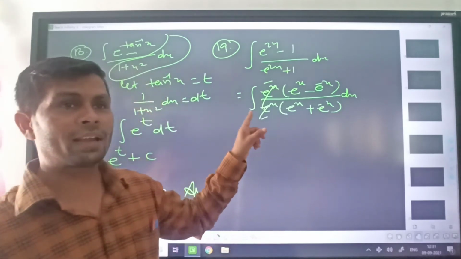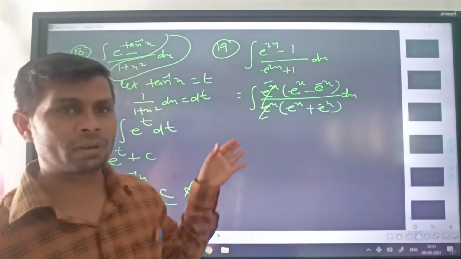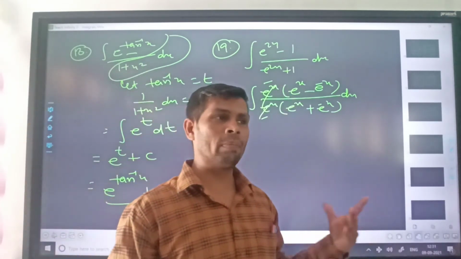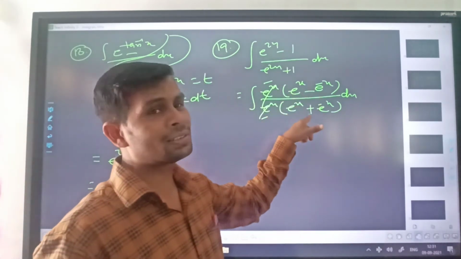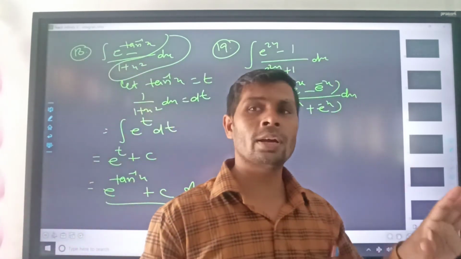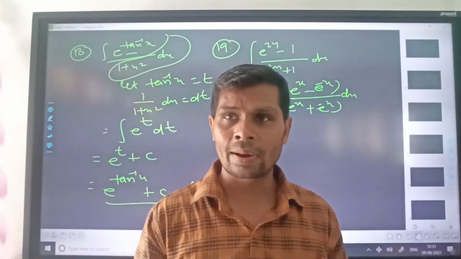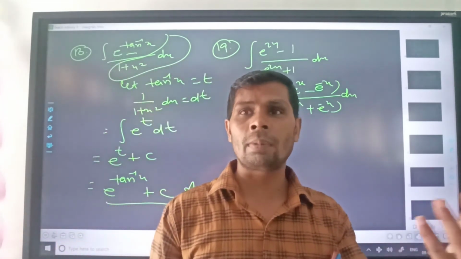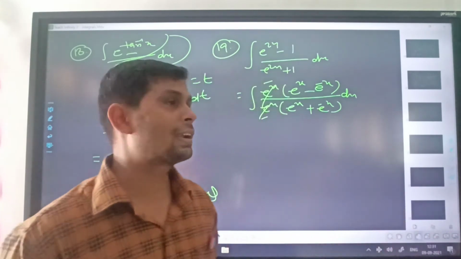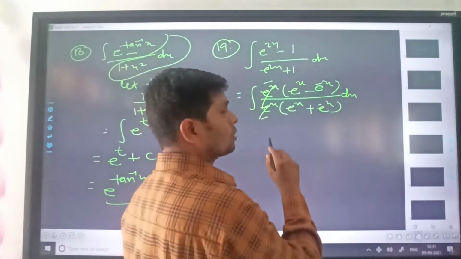If I take different terms they will not cancel, but if I take the same term from numerator and denominator they will cancel. So always memorize this: if in the future you find any question in the form of e raised to the power x, with any addition or subtraction term given, you should take the common like this and then complete it.